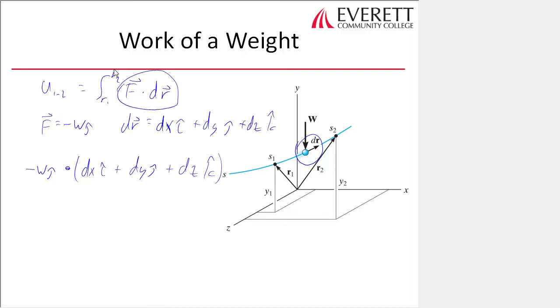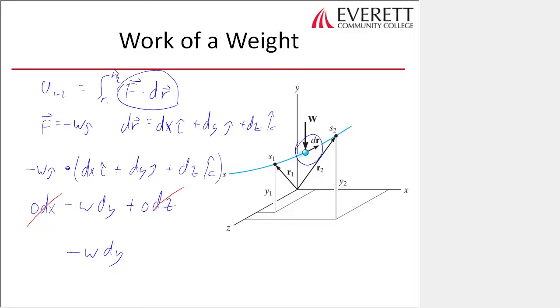So you multiply the two i's together, you add it to the two j's multiplied together, you add it to the two k's multiplied together, right? So we would end up with 0 times dx, so we'd have 0 dx minus w dy plus 0 dz. Now the 0 times dx, those obviously are 0, 0, and 0, and we just end up with negative w dy.